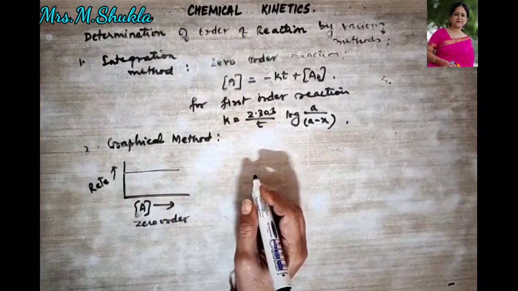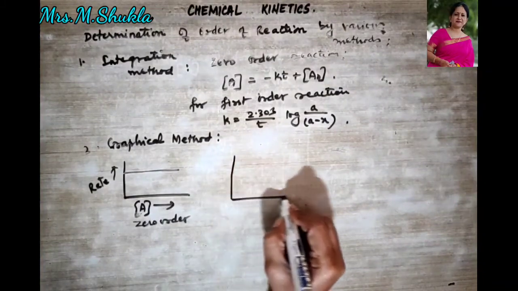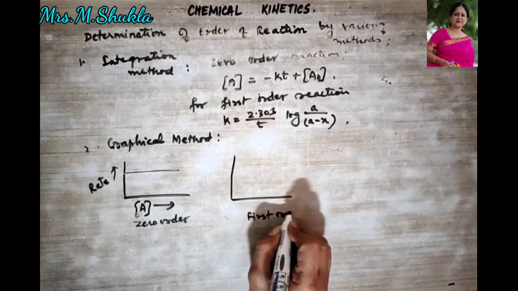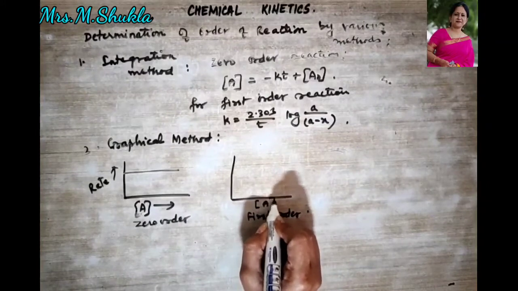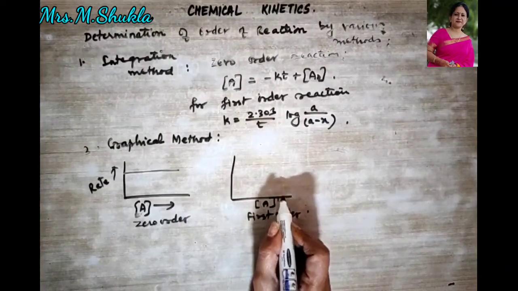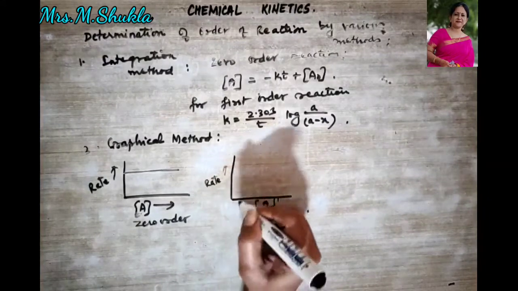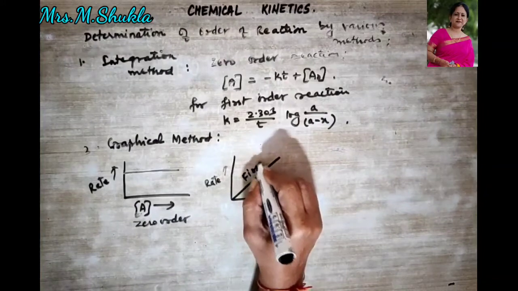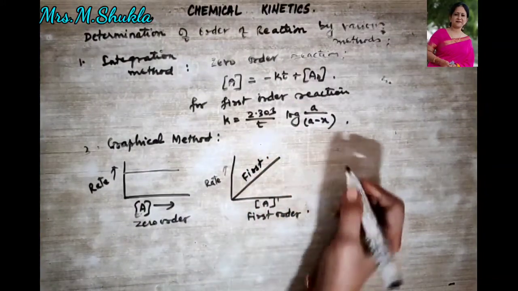Okay, then if you have to check for your first order, this is your concentration for your first order, remember, and this is your rate. Then in that case, this is the graph that you are going to obtain for the first order reaction. I hope this is clear.